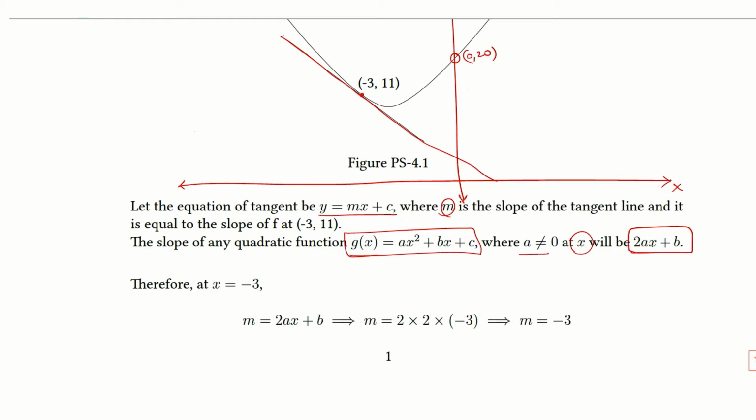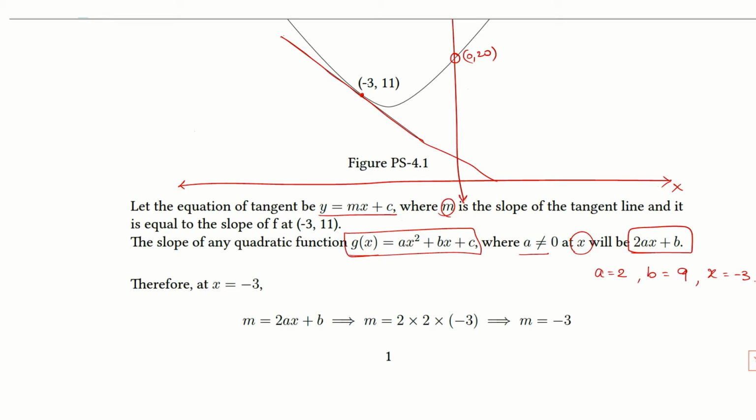This we already know. So in our case, a is equal to 2 and b is equal to 9. Also we are trying to find the slope at point minus 3 comma 11, so my x will be minus 3.